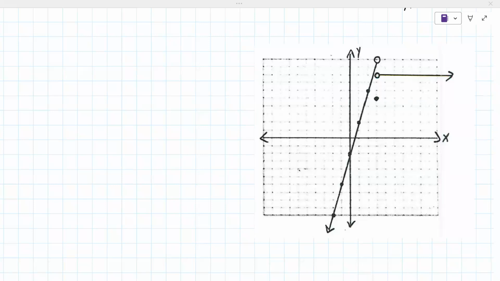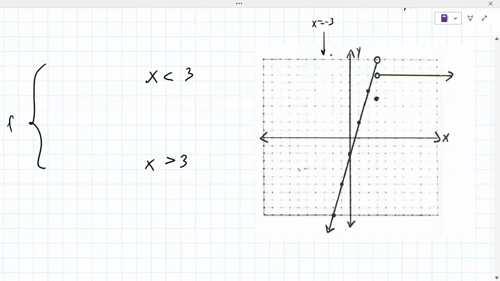For the left one, would it be x is less than -3? So x equals -3 is there, and then +3. Okay. So x less than 3. Okay.